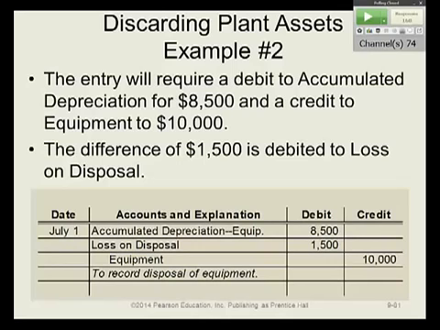Now, any questions on the entry before I explain or at least think about that loss? That loss goes into other revenues and other expenses.